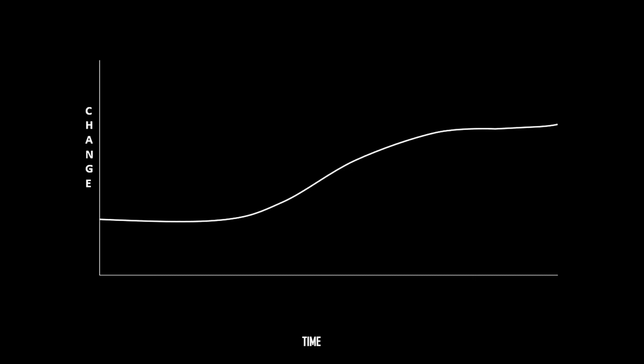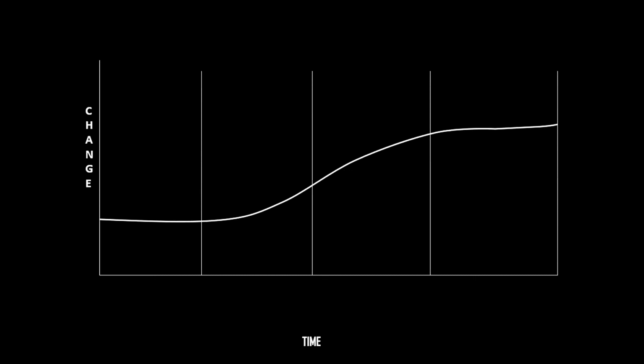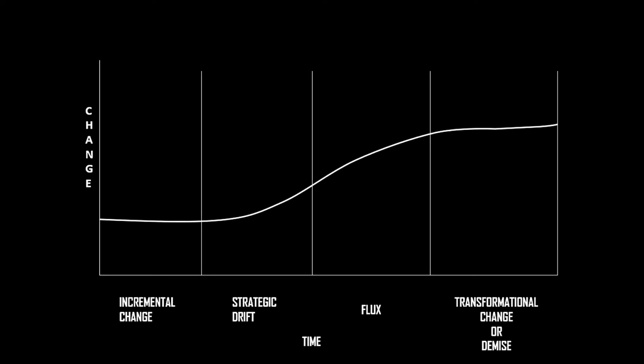There are 4 phases to strategic drift. And the second phase is literally named after the entire concept itself. These are the names of the phases: incremental changes, strategic drift, flux, and lastly, transformational change or demise.